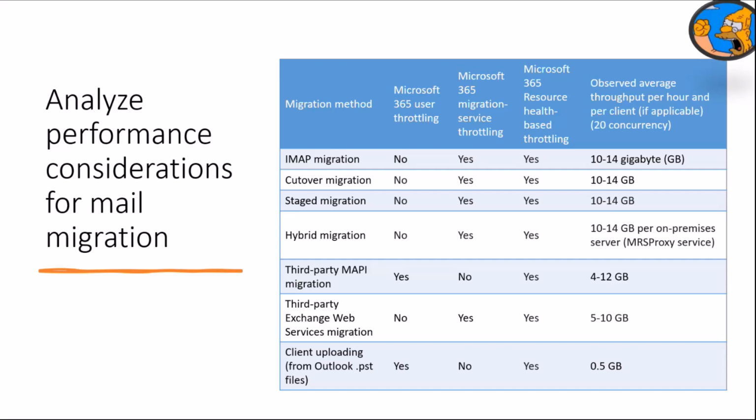So Microsoft estimates that when we are talking about a migration from on-premises to the cloud side, for 0 to 10 gigabytes of mailbox size, we would need a day.